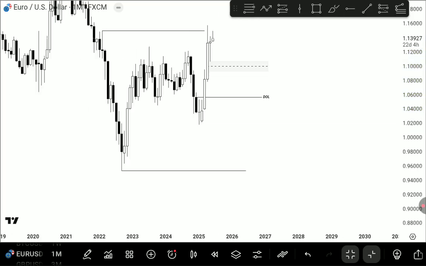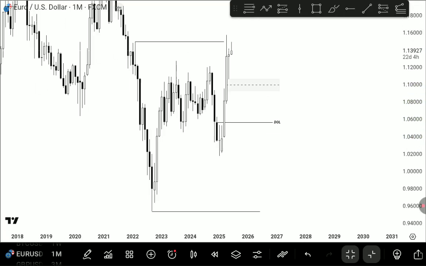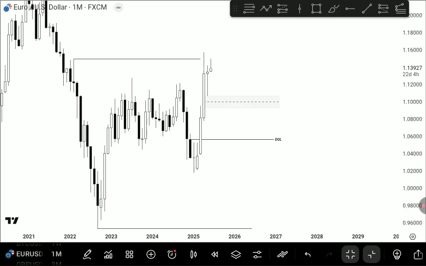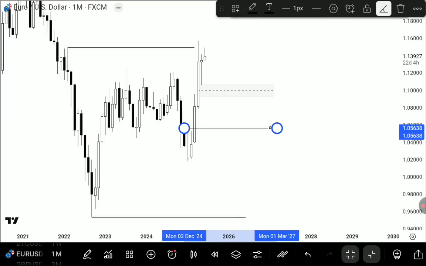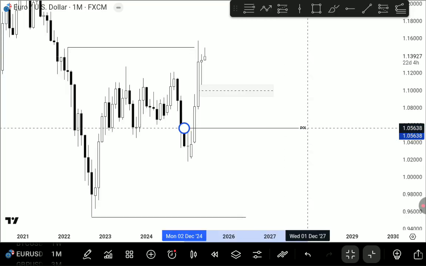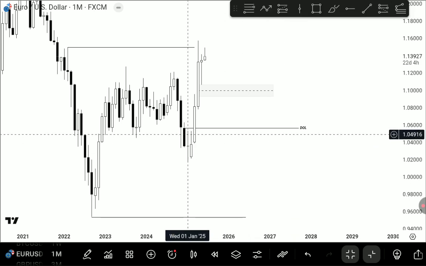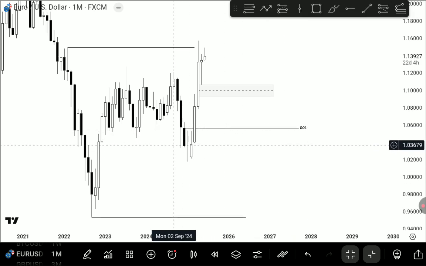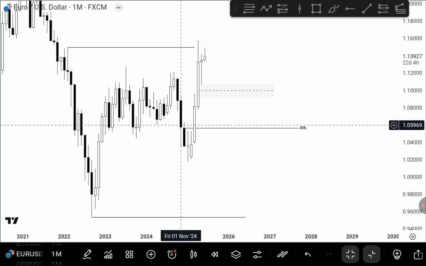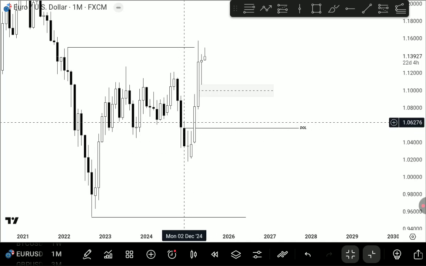And the most important question that you must ask yourself when demarcating your draw of liquidity is, how is price gonna reach this draw of liquidity? If you cannot find an answer for that, then it's less likely that draw of liquidity is gonna be reached, right?